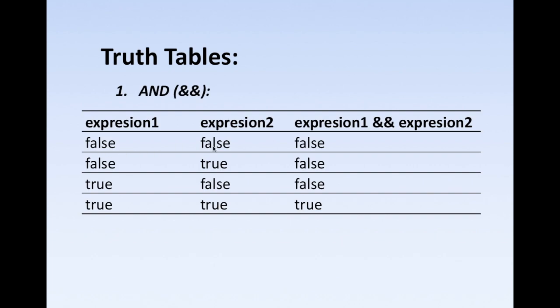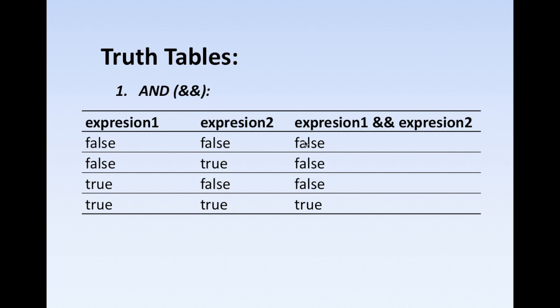If expression 1 was false and expression 2 was false, then expression 1 and expression 2 is false. If 1 was false and 2 was true, then are they both correct? Because if there's an and, is expression 1 and expression 2 true? No, so that's a false. If expression 1 was true and the second one was false, then the whole expression is false.